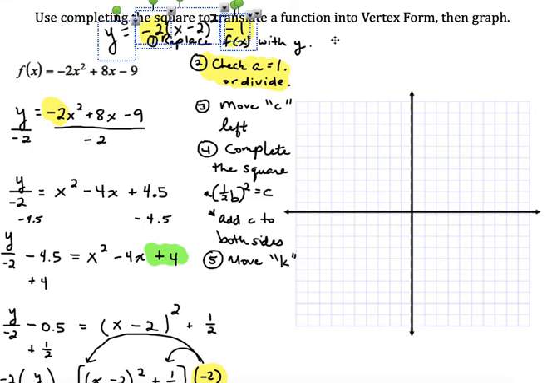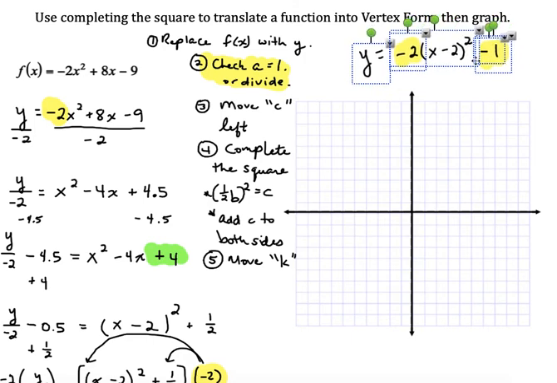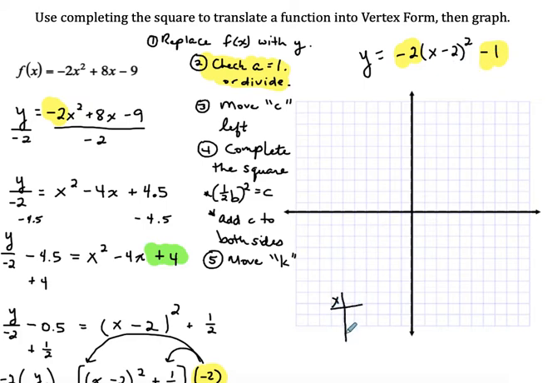Because I'm in vertex form, I can find the vertex here, which would be 2, -1. So x and y. So my vertex is 2, -1. My axis of symmetry would be x is equal to -2.